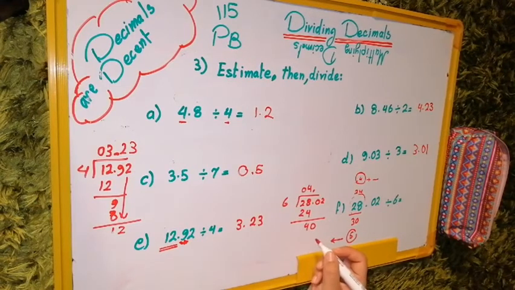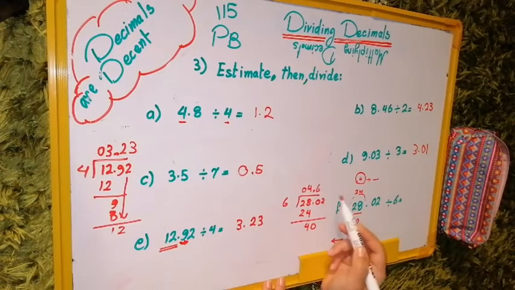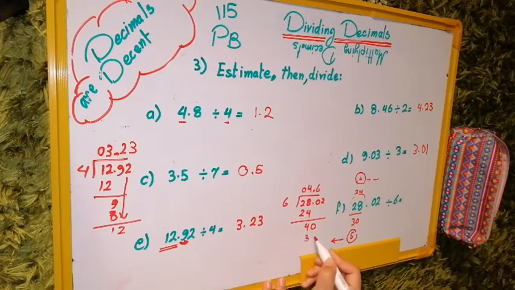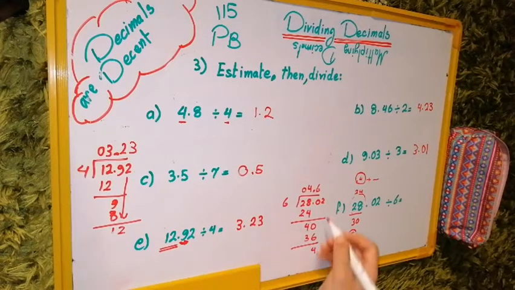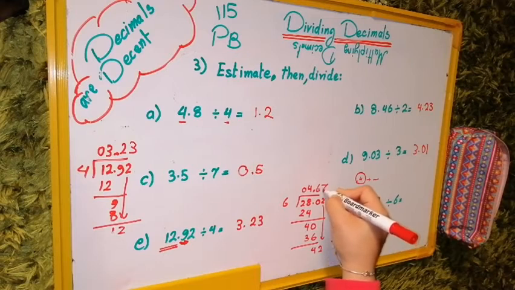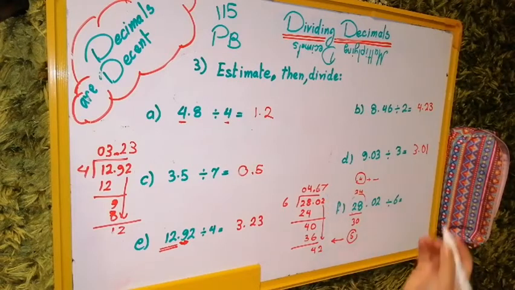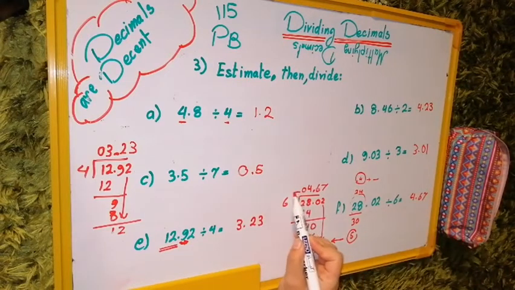The nearest thing here is 6, and 6 times 6 is 36. And I'm going to have 4 left, and then take the 2 down. 42 divided by 6 is 7. So this is the exact number, 4.67. As you can see, I didn't put the 0 because it's on the left.